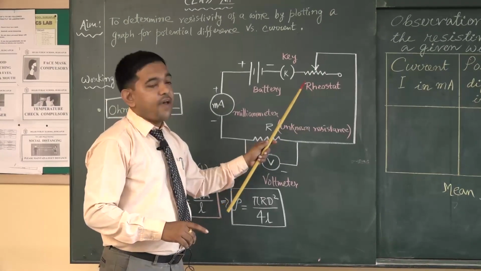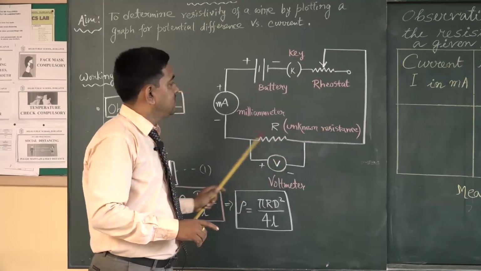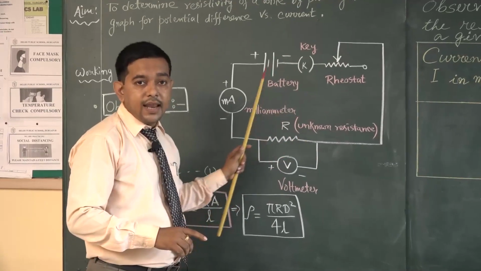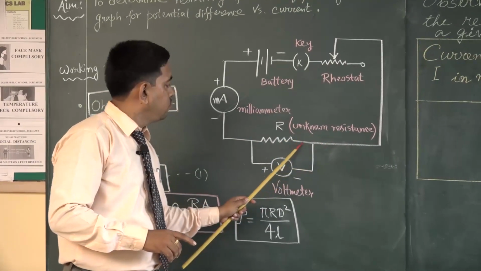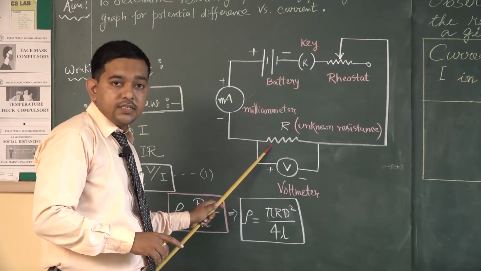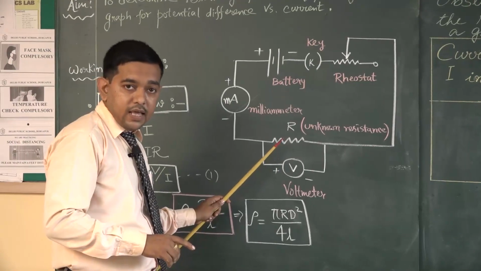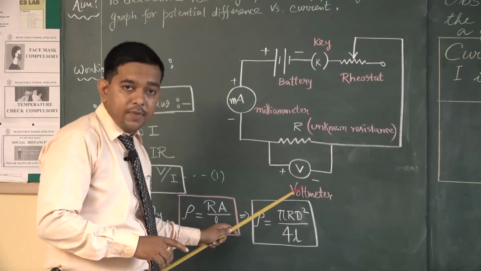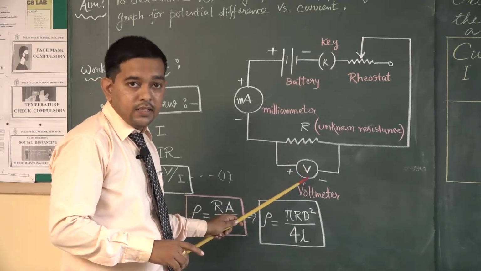If we vary the slider in the rheostat, then the effective resistance of the circuit is going to vary, which will finally vary the total current flowing in the circuit, and that current will flow through the unknown resistance R, and accordingly the potential drop across R will be shown by this voltmeter or millivolt meter, according to your requirement in the experiment.